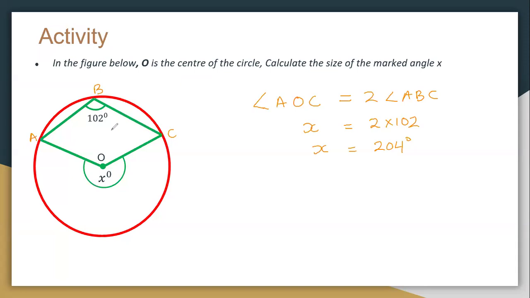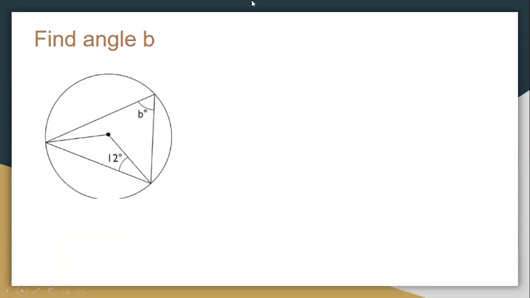We are going now to continue to another one. Now, like I told you earlier on, when we reach at some point, we shall be bringing in the angle properties.